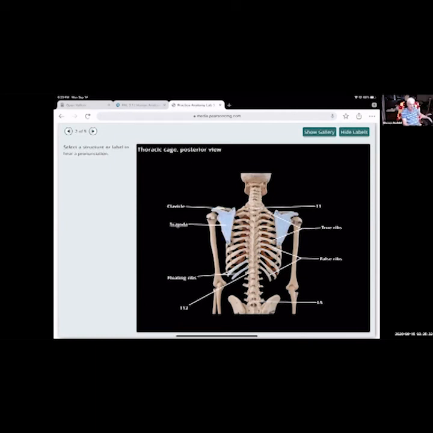You can see your scapula, and connected to it, the clavicle. The clavicle connects the scapula with the sternum. This is T12, the last thoracic vertebra, where the 12th rib is attached. And this is L5, the last lumbar vertebra, L1 through L5.